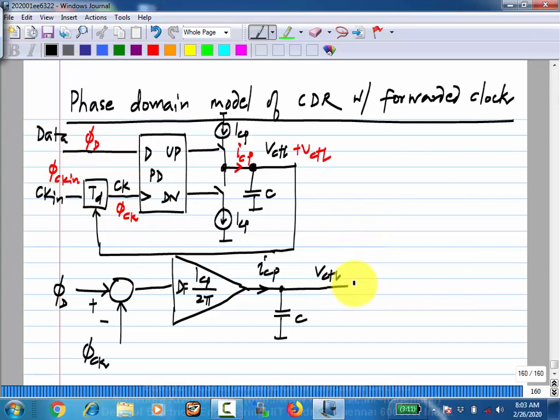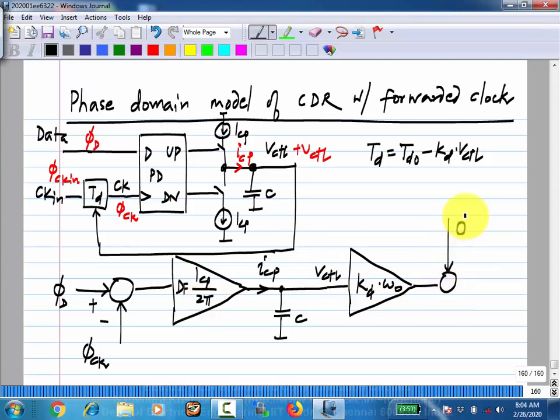What it does is it gets multiplied by Kd times omega naught, where Kd is the proportionality constant of the delay line. We assume that this Td is some Td0 minus Kd times V control, okay. So the delay corresponds to a phase when it gets multiplied by omega naught. So you have this, and the output is the additional phase due to the delay line, okay.